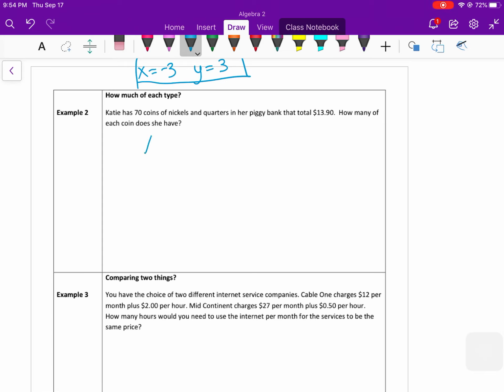So let's let x equal the number of nickels that she has. And we'll let y equal the number of quarters that she has. So first, she has a total number of nickels plus quarters. She has 70.